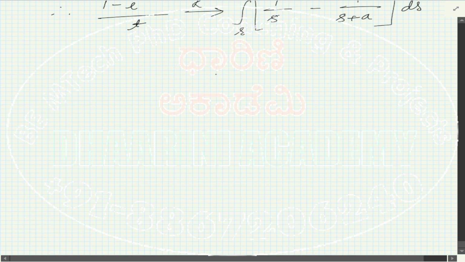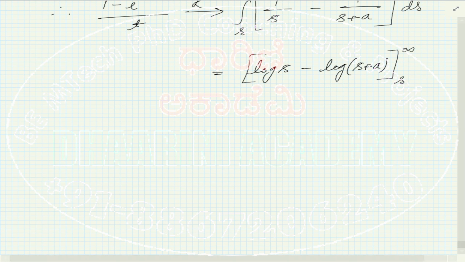So this is very standard now. 1 by s is simply log s integration, minus 1 by s plus a will have log s plus a, right? So I should substitute from s to infinity.